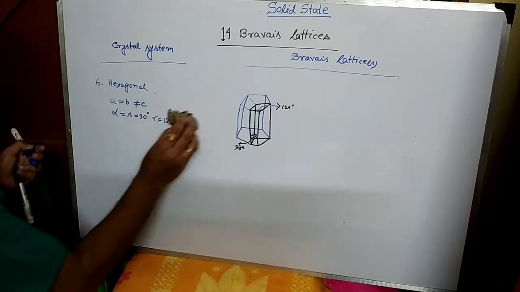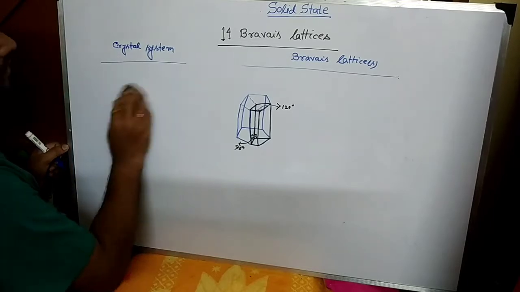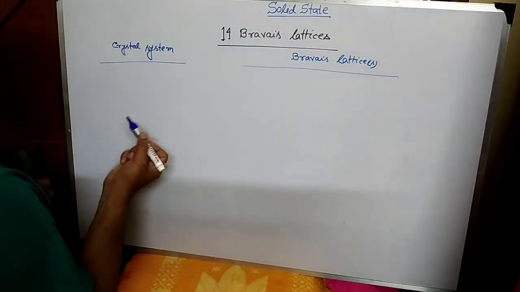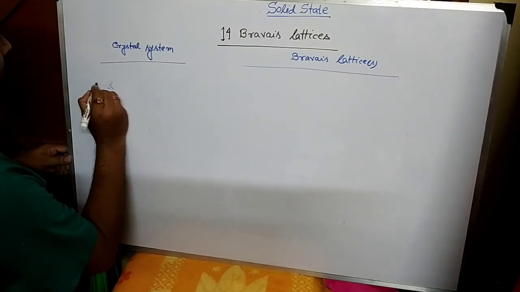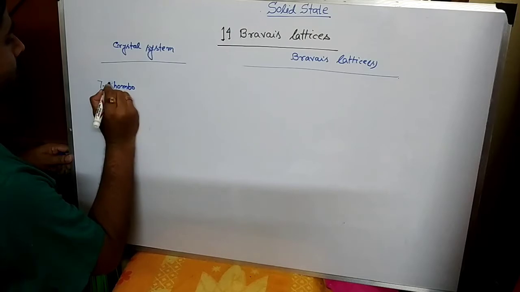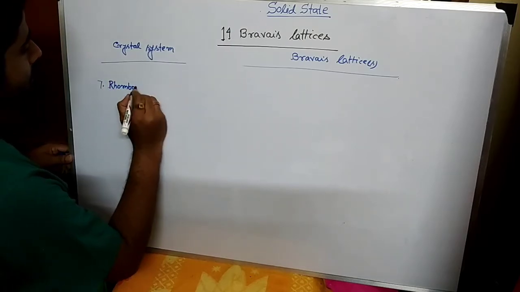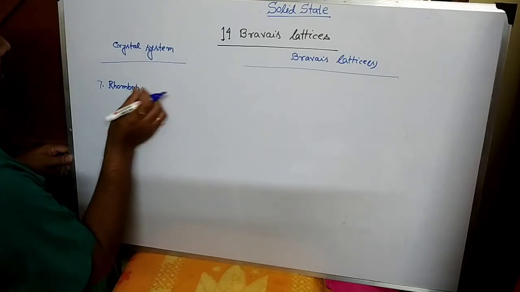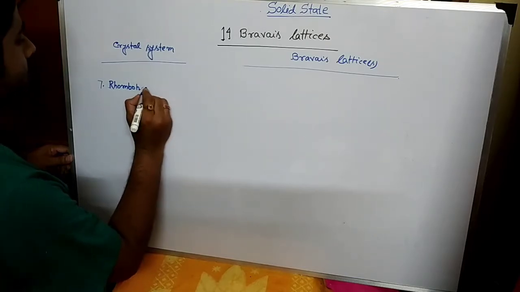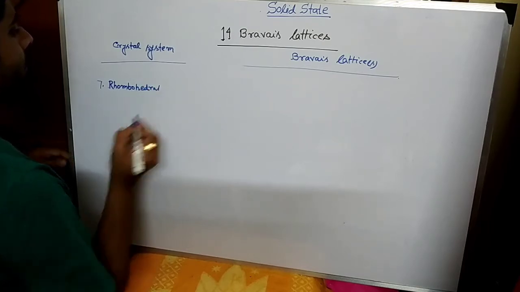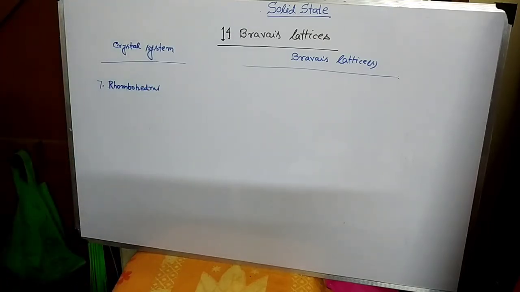So the next one is rhombohedral. What are the conditions for rhombohedral?